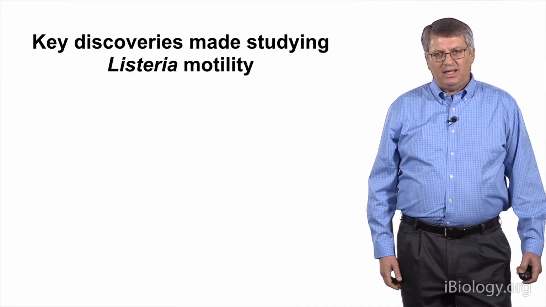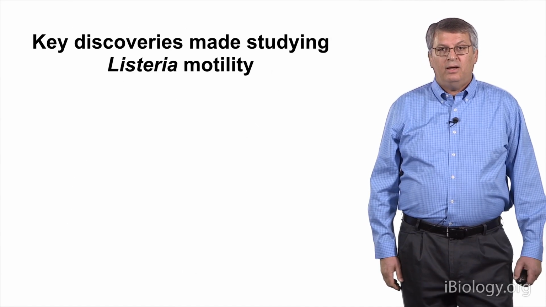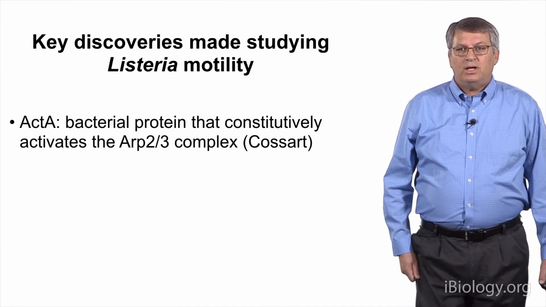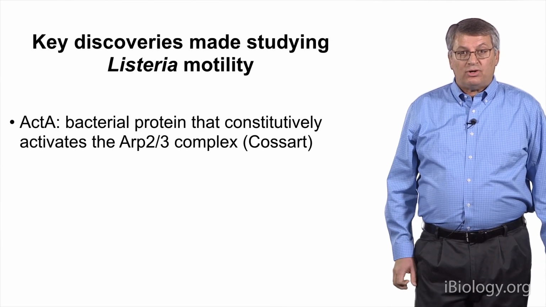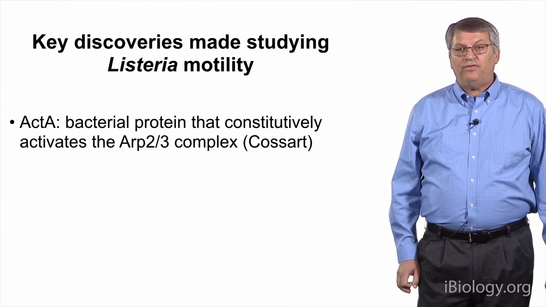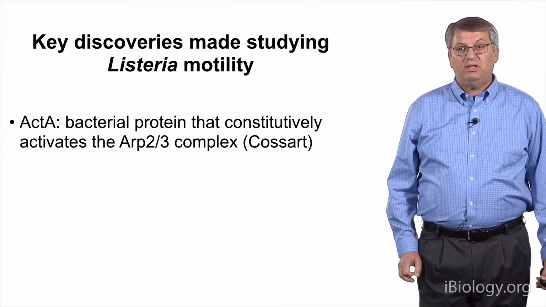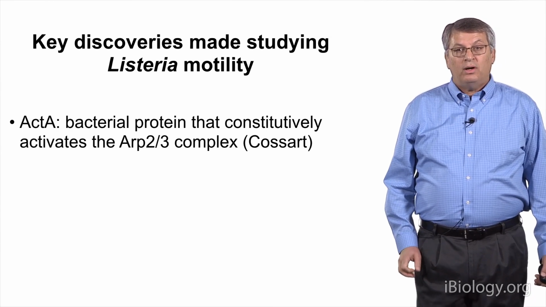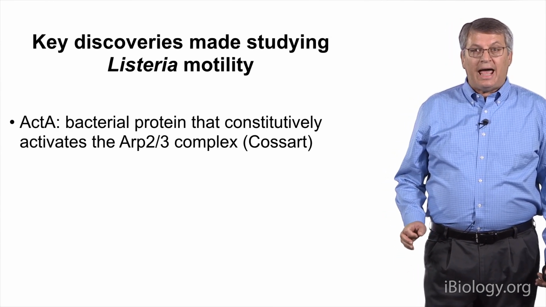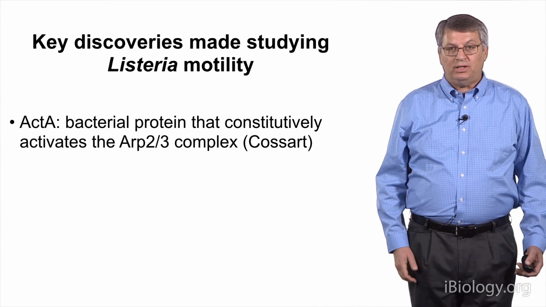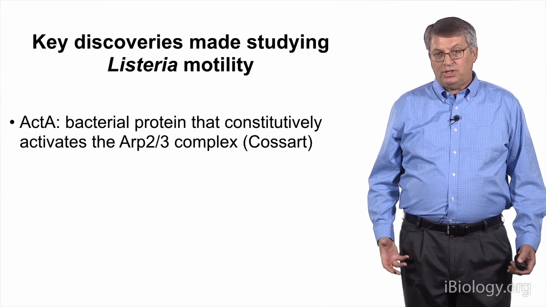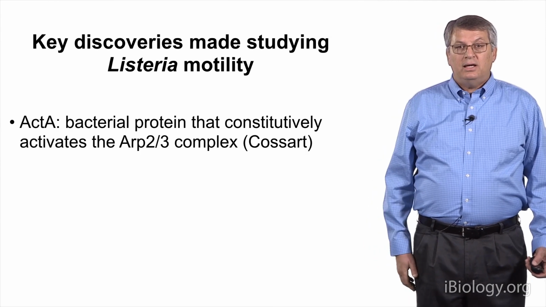Okay, so what were some of the key discoveries that were made with Listeria? Well, first, there was a bacterial protein called ActA that was found by transposon mutagenesis to be the key protein for nucleating actin assembly. It was a key bacterial protein, and it interacted with a host protein complex in order to do that.